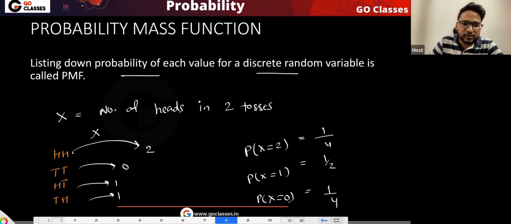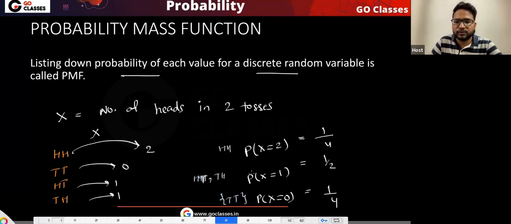Because there is only one outcome that participates in X equal to 0, which is TT. For X equal to 1 there are two outcomes, HT and TH, and for X equal to 2 you have HH.